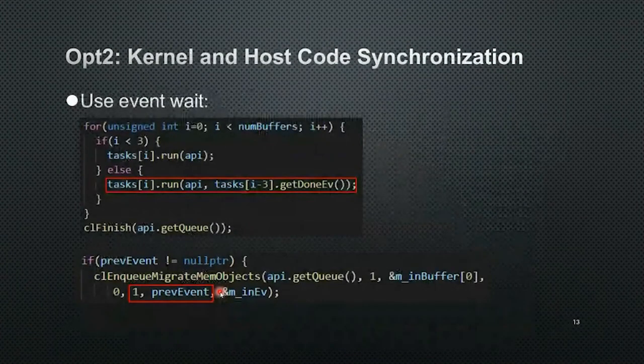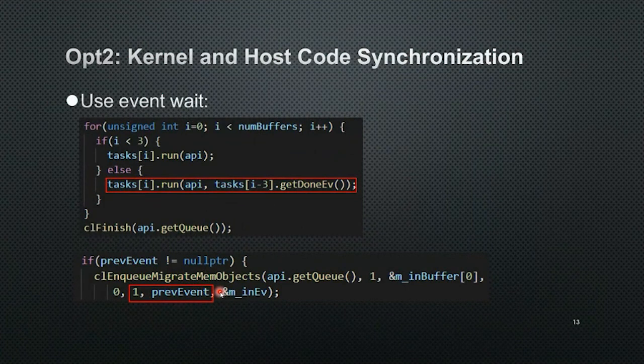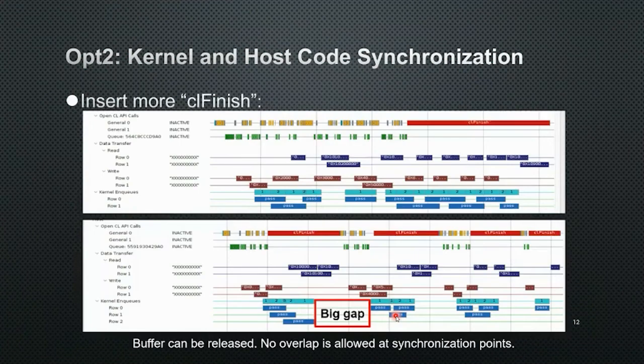Yeah, let's go back to the second optimization method. I think we can all understand that we try to avoid using CL finish, because with CL finish you will wait for all the previous tasks to finish before proceeding. And in this example, we use the wait event.